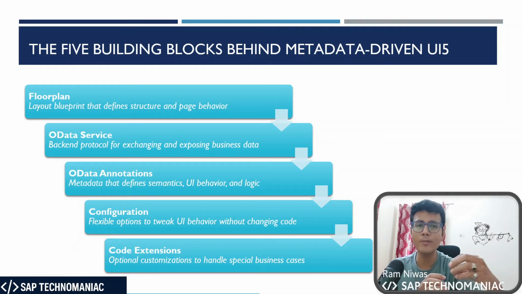If you don't want to make any code changes and still you want to alter your application, then the configurations are very useful. And last but not least, and very powerful one, if you need something which is not handled by your framework and you want to add your own functionality which the Fiori framework is not giving, then you can come to the code extension.